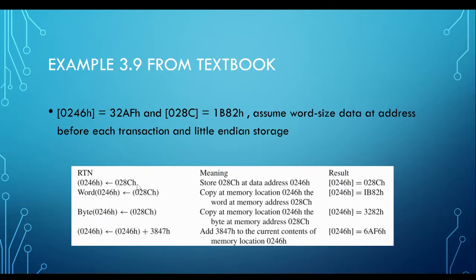Look at this. This is the source. There is always an arrow in register transfer notation. This is just a way of expressing it. Whatever the content in this memory, you want to save this constant in this memory. So store 28C at the address, whatever this 28C will be stored in this address.